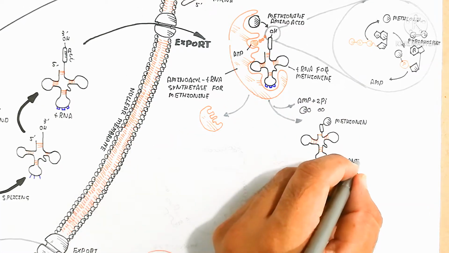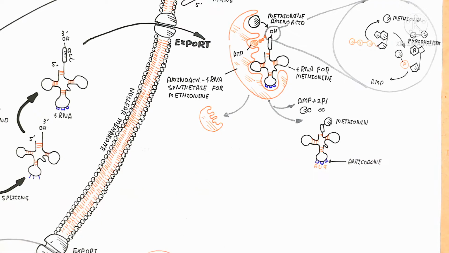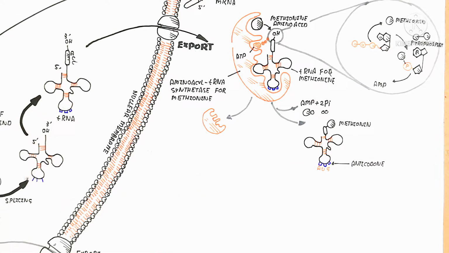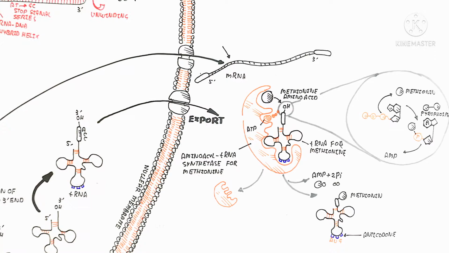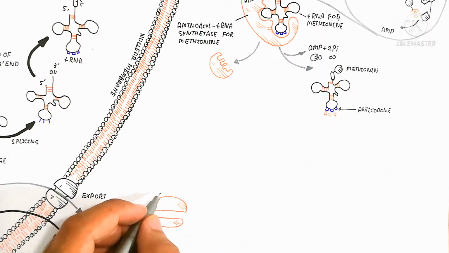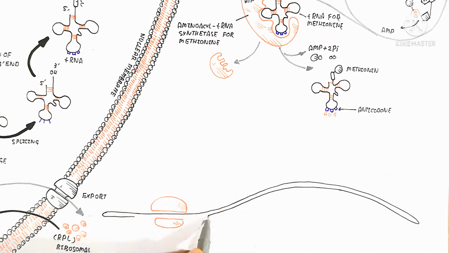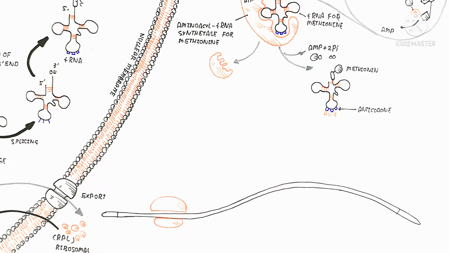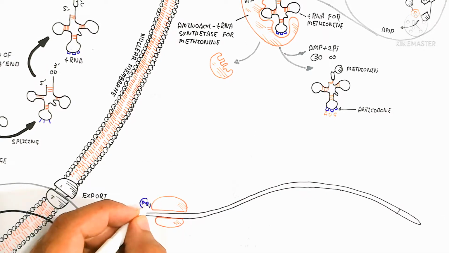So that means basically the attachment of methionine with the transfer RNA. So the anticodon is present. For example, methionine is the initiation of the translation.